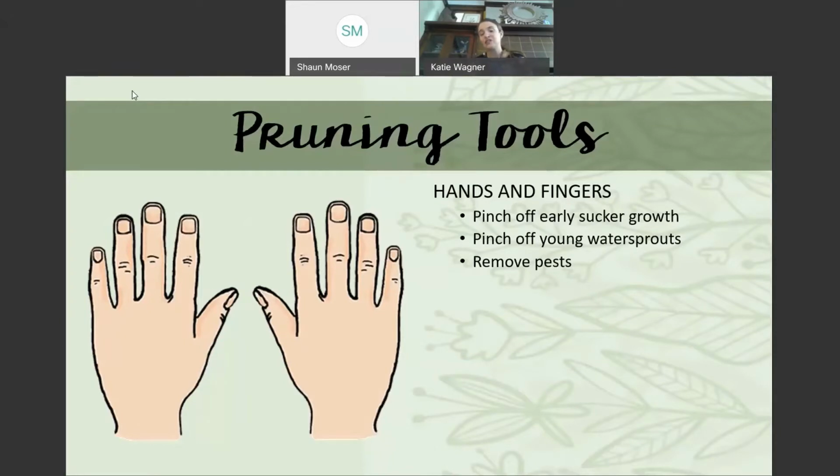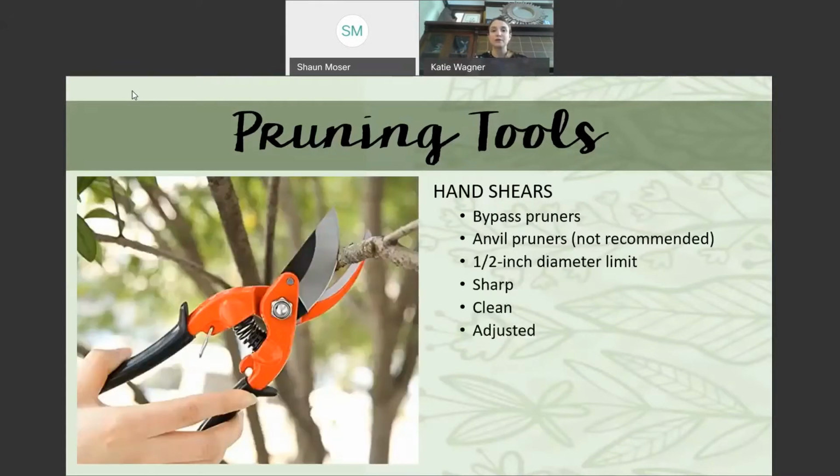And that's actually a lot healthier for the tree down the road, because then you're not having to come in and do that wounding cut to remove that water sprout later. So pinching off any suckers or water sprouts, constantly monitoring that with your hands. Also, if you're noticing any pests, you can pick those off. You can take around a little bottle of alcohol with you to put those in to kill those pests. And yes, our hands are really important tools for pruning as well.